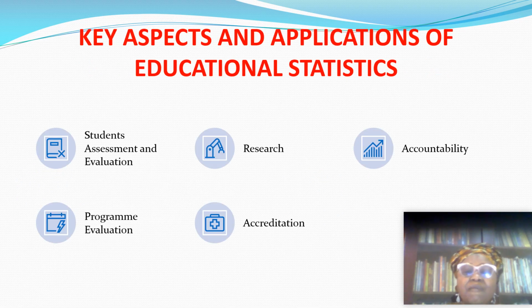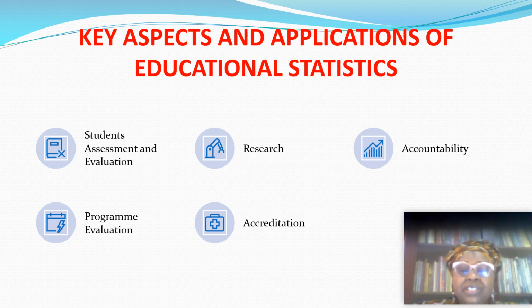There are key aspects of educational statistics. Student assessment and evaluation: analyzing students' achievements and progress, identifying areas of strength and weaknesses. Another thing we use it for is research, using statistical methods to study educational issues, assessing the impact of educational interventions.